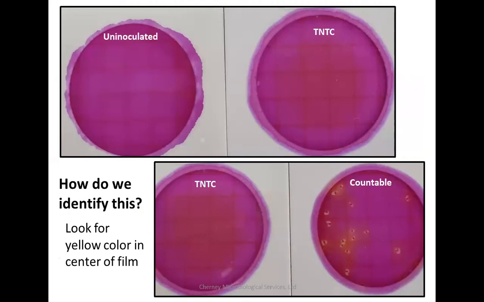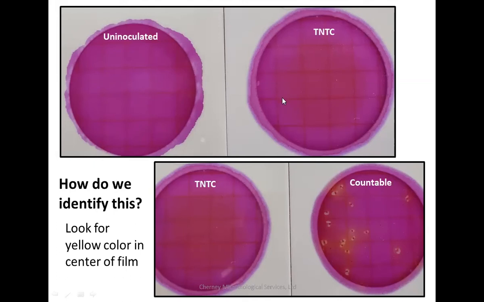So when you're talking to your technicians or when you're looking at this yourself, how are you going to differentiate this? You'll see on the left up here an uninoculated plate. This is totally purple up here. It's easy to see through. There aren't any opaque areas. You can see the grid lines.